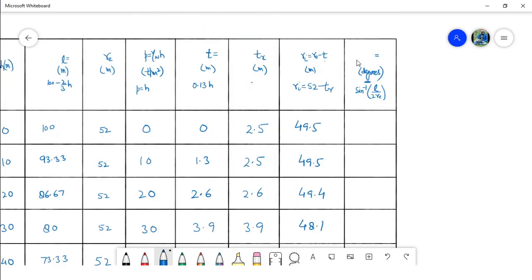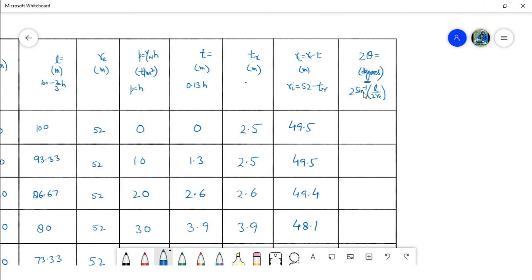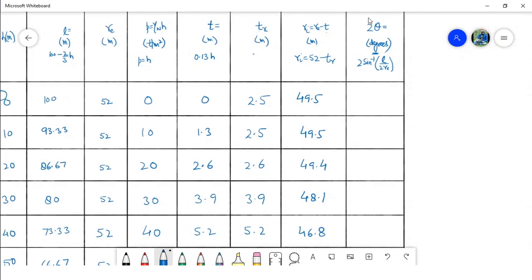Let us now calculate the angle. Let us say this is 2 theta, so it is twice of sine inverse L by 2RE. In that case we can calculate the whole central angle. Earlier it was half, so let us say it is the central angle. So this is twice of sine inverse L by 2RE.